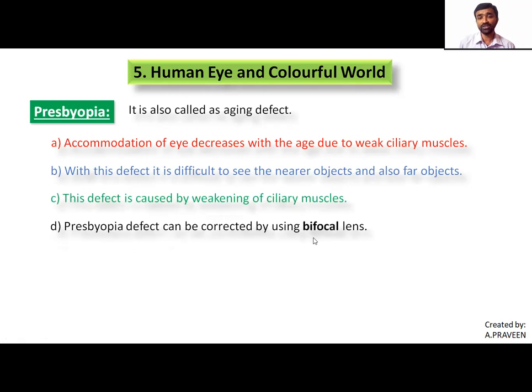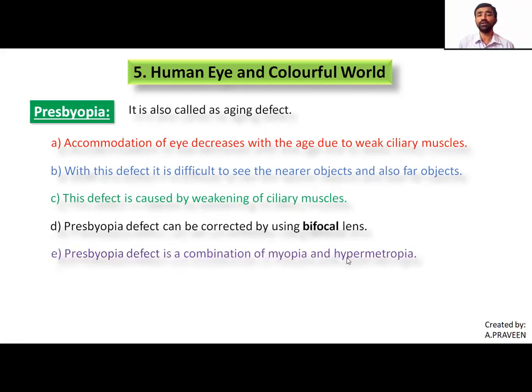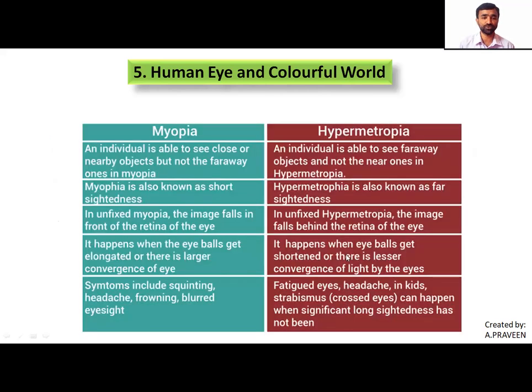Here, the lenses suitable to correct this defect are a combination. Myopia is corrected by the concave lens, and hypermetropia is corrected by the convex lens. So for this defect we can use a combination of concave and convex. It is called a bifocal lens. This defect is also called a combination of myopia and hypermetropia.